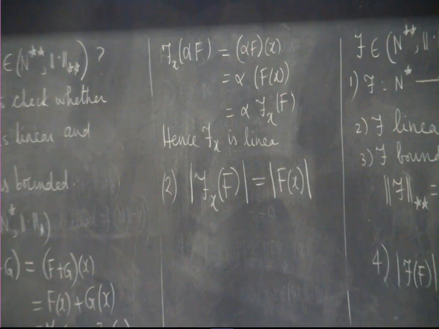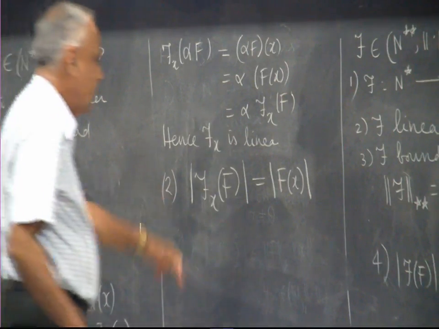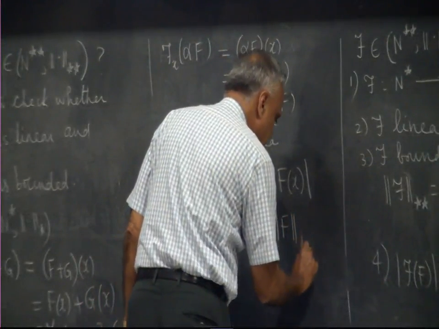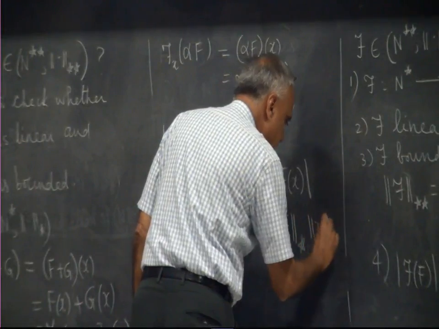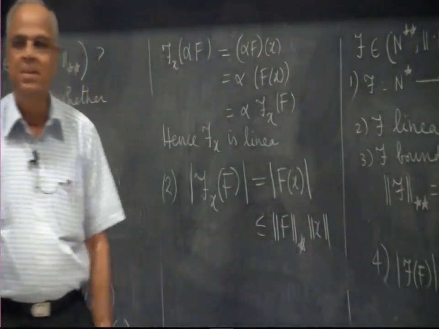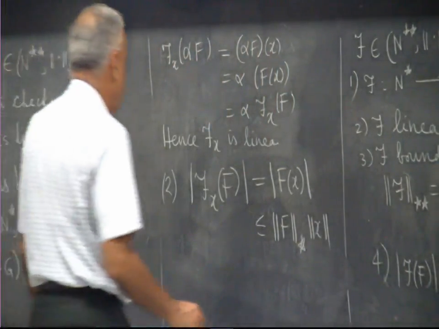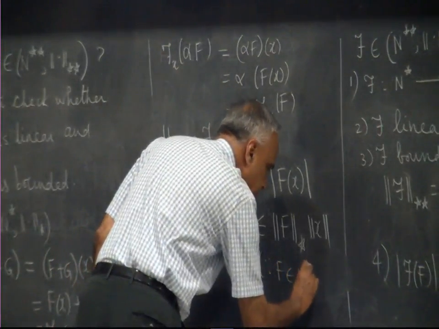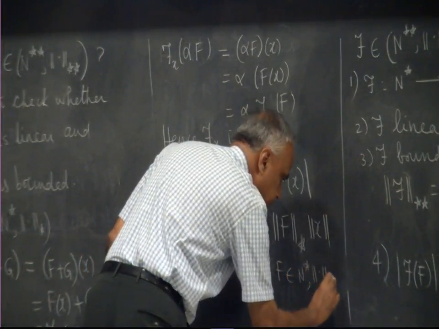Now, f is a bounded linear functional. Remember, just now what I erased, this is less than or equal to norm f star into norm x, because f belongs to n star.